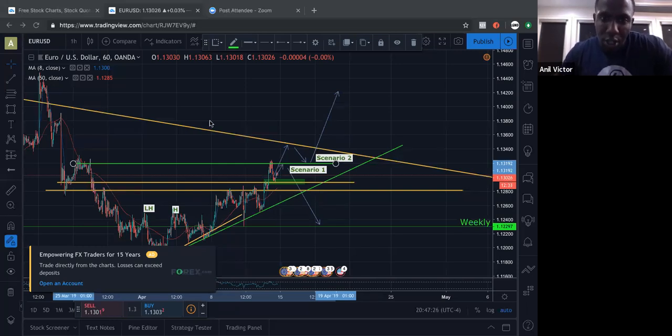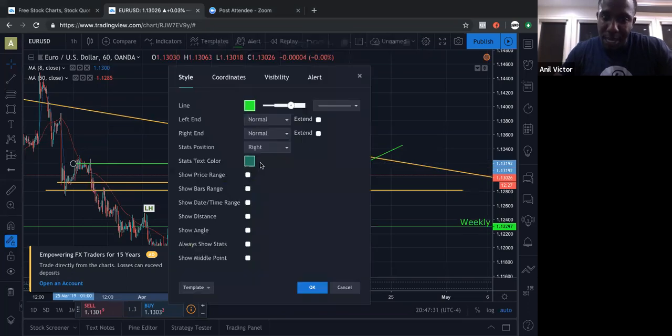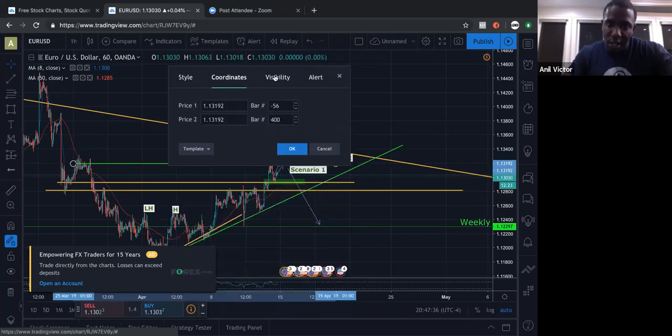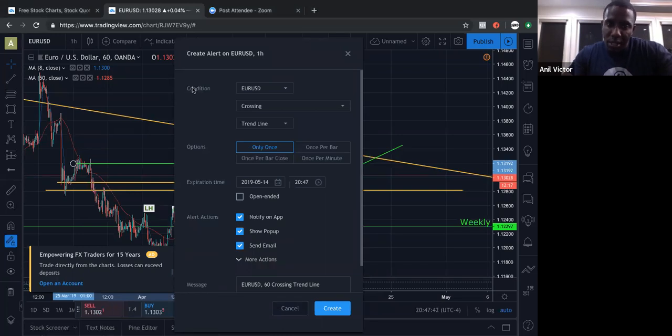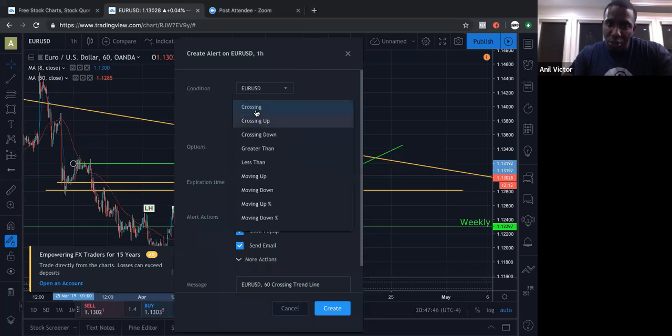Want to create the alert. So basically with creating that alert, all I did was double tap the line. If you double tap the line, this box pulls up so you can change the settings of it, the colors, where its coordinates are. But you click here on alerts, and then the condition being Euro USD, what do you want it to do?